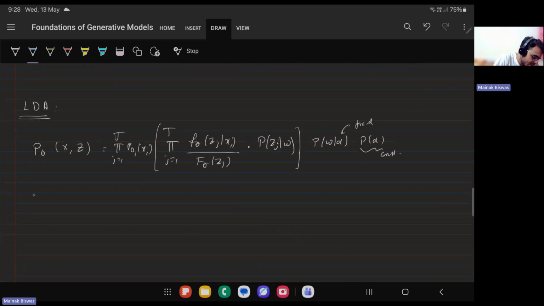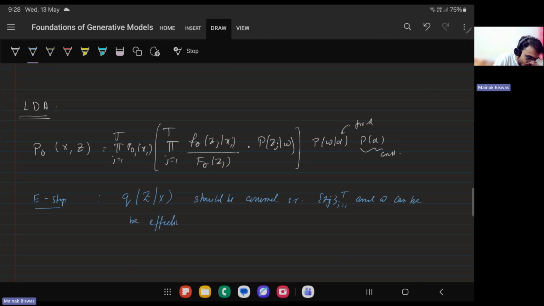Similarly, for the E step I have to assume a variational distribution, and the variational distribution has to be assumed such that q of z given x should be assumed such that the zj's, j equal to 1 to J, and omega can be effectively found.